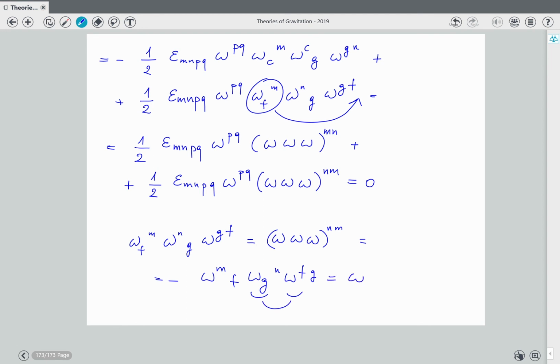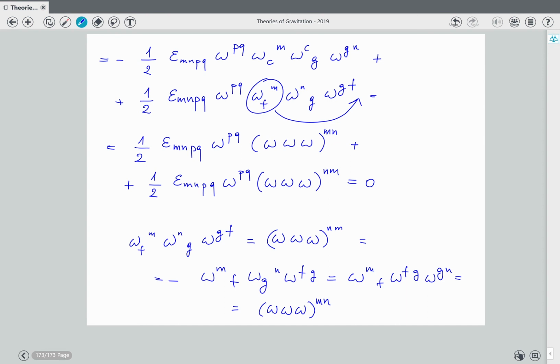That is another minus, so you have omega mf, omega fg, omega gn. But that is omega omega omega mn. Actually, now that I think there is a reason why it's so, we can explain that. So this is symmetric in m and n, so you get 0. That's the quickest way to prove that that thing is 0.